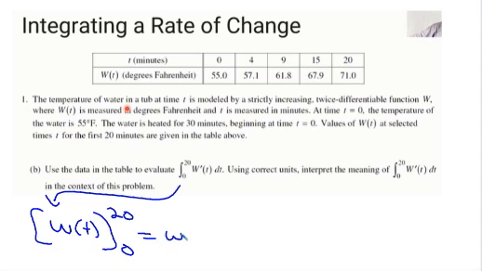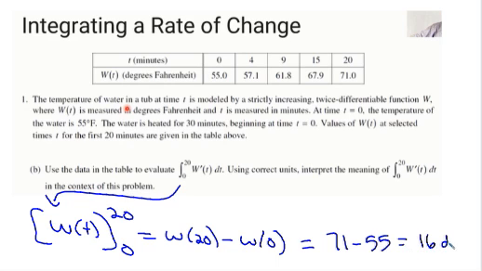So that's going to be W of 20 minus W of 0. All right, and we can get that all from the table. This is going to be 71 minus 55, which is 16 degrees.